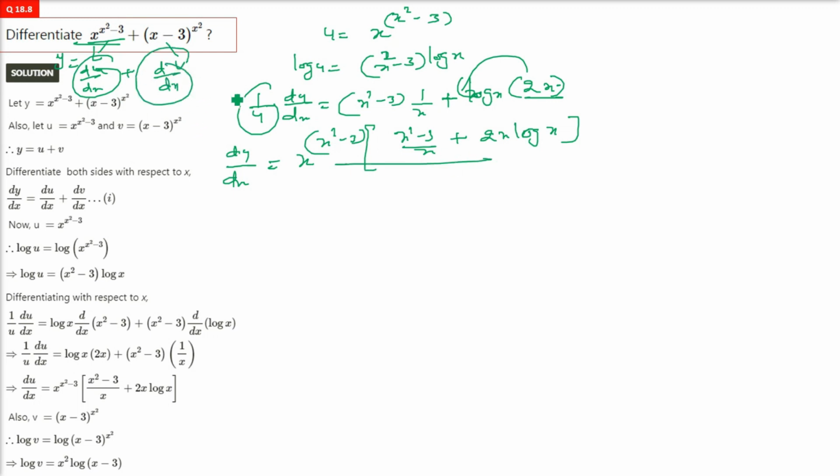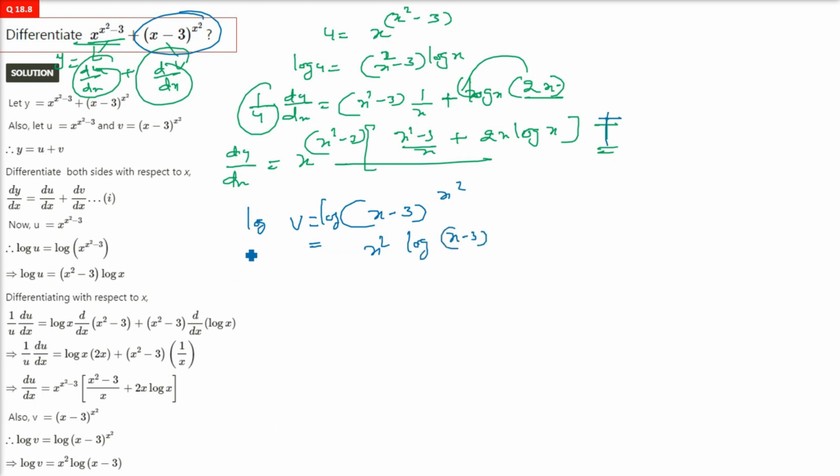Then I am going to tell you dv by dx, and that dv by dx has to be added to this term. So let us take this. We have v is equal to x minus 3 to the power x square. So for dv by dx, first we will have to take log v. So x square will come in front, x square log x minus 3 it will be.